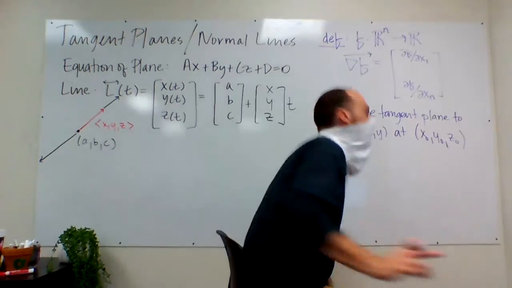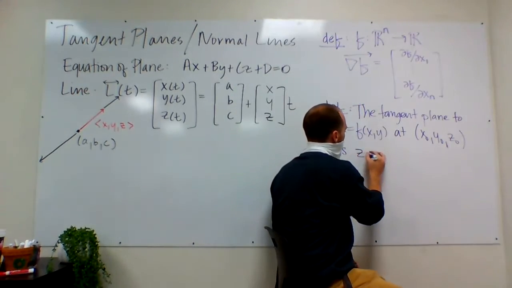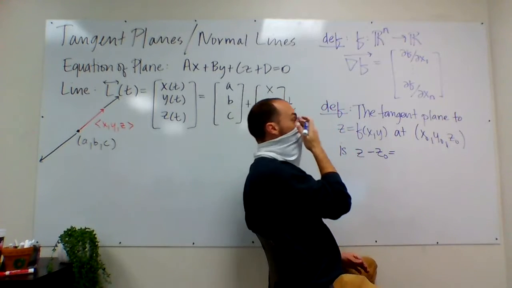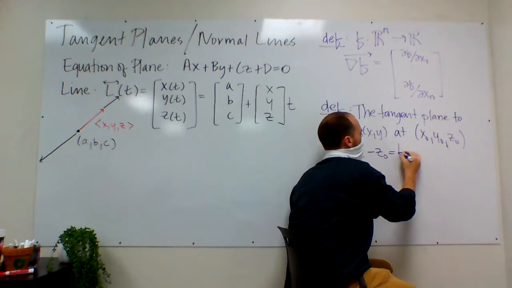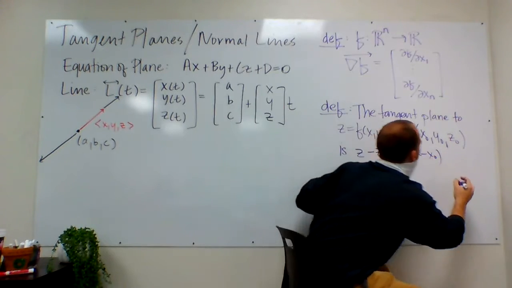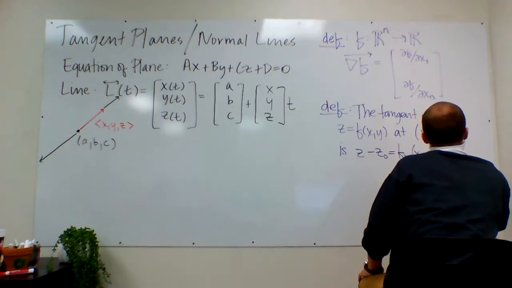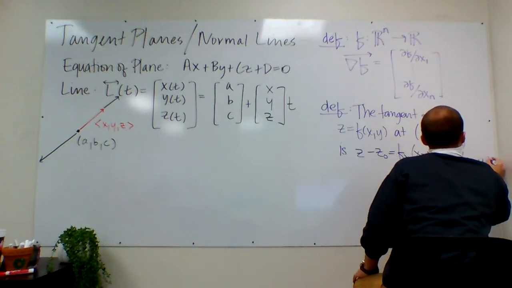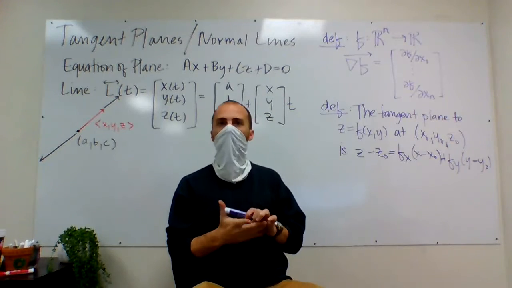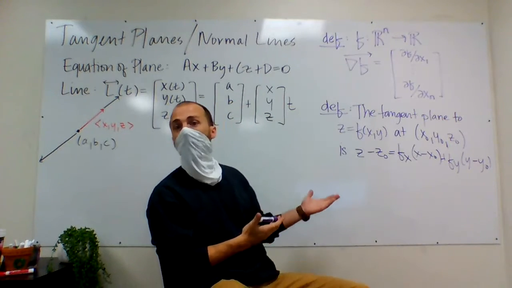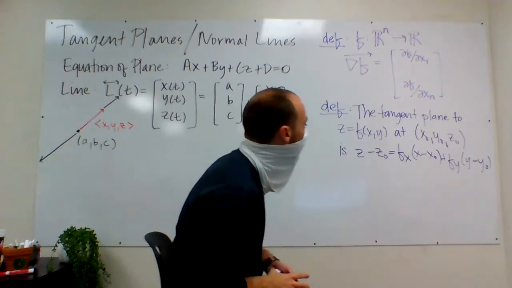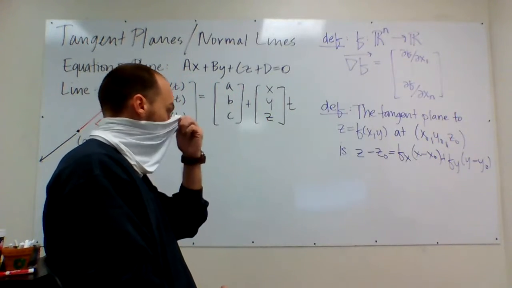It's z minus z0 is equal to the partial of f with respect to x, which for simplicity I'm going to call fx, times x minus x naught, plus fy times y minus y naught. You will see other more complicated formulas for this out there. This is the way to go, though. It's like point-slope, right? Something like that.